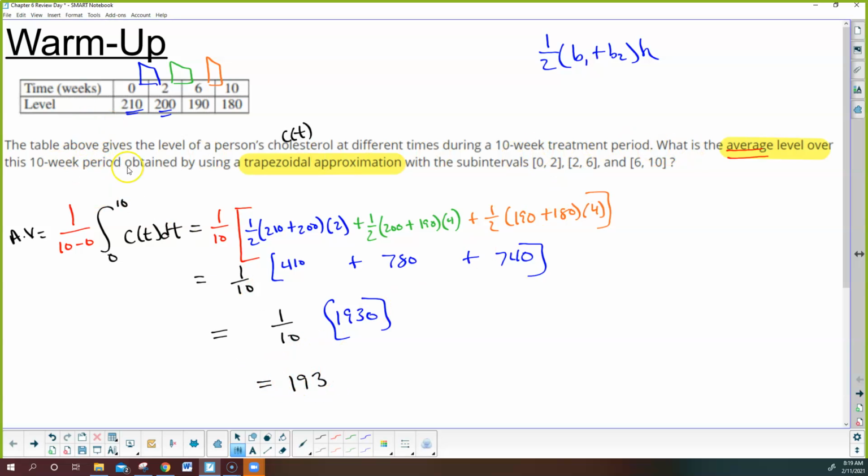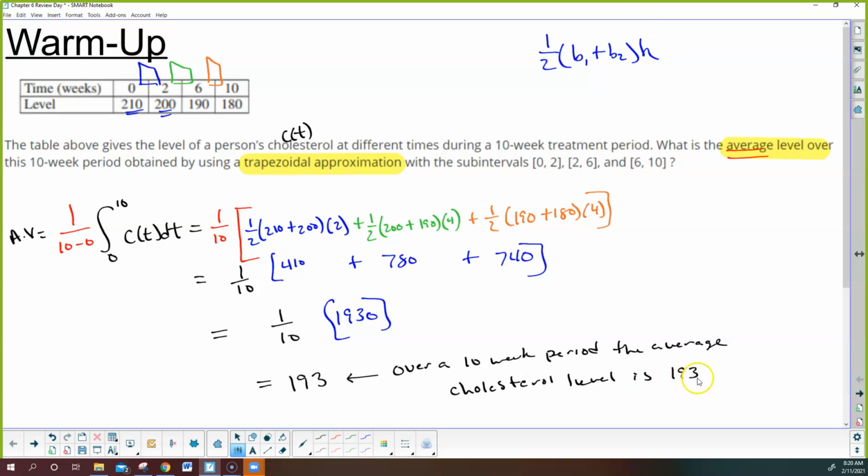So they didn't ask me to summarize, but I think it's pretty important to state what we just said. If they asked me to explain this in the context of the problem, I would just say over a 10-week period, the average cholesterol level is 193.